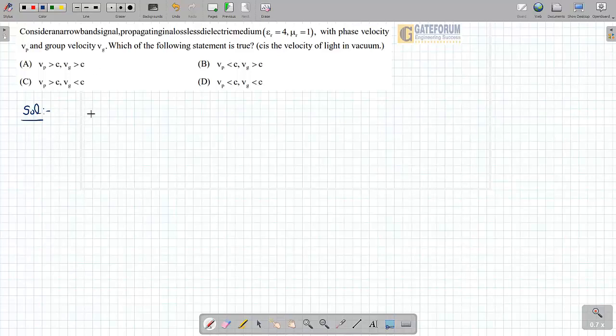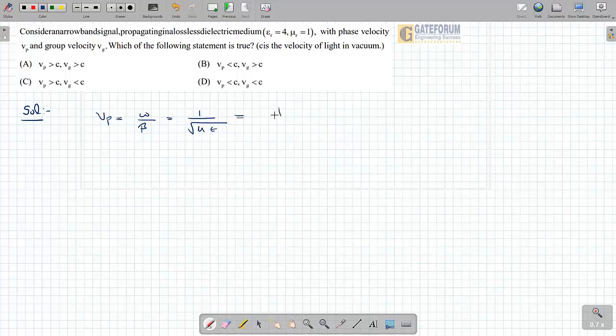Okay, so that's the question here. The phase velocity Vp is omega by beta, and it is 1 upon root of mu epsilon.